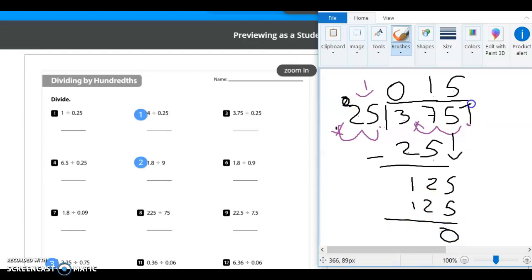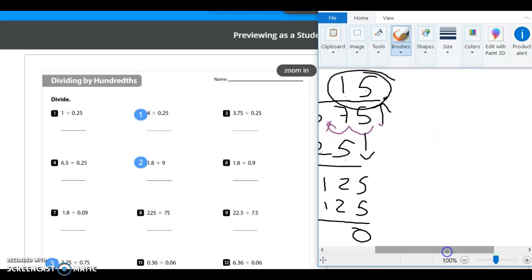I'm going to then move my decimal straight up, and so my answer is 15. So 3 75 hundredths divided by 25 hundredths is 15. That's the answer, 15, right? You can put this decimal there or not.